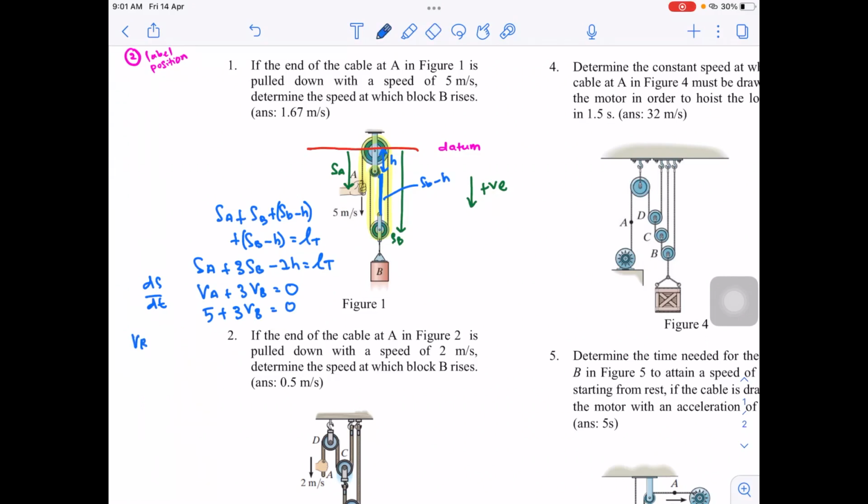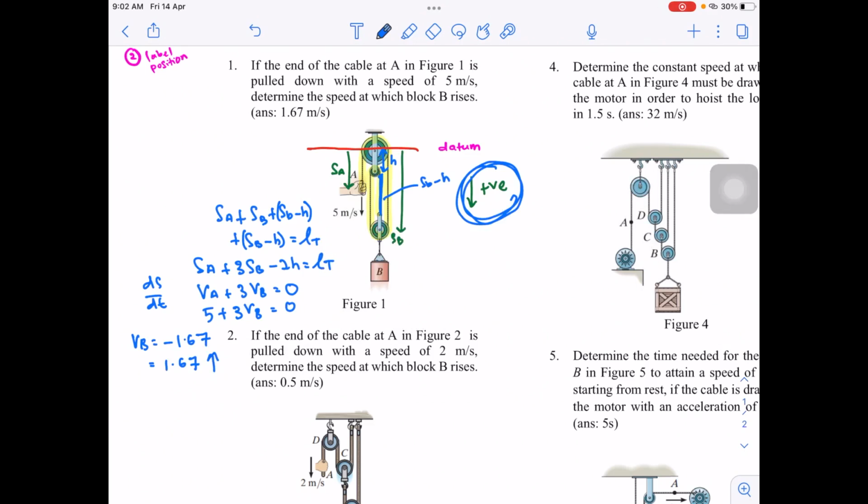So VB is equals to negative 1.67 or 1.67 point up. Okay, boleh. Sebab kita dah assume tadi ke bawah adalah positif. So bila you dapat negatif, maknanya di atas lah. Okay, you dapat negatif, so that means it's moving up lah. So dari segi logiknya betul lah. Bila kita tarik A, B ni akan naik. Okay, kita tarik A5, B ni akan naik sebanyak 1.67. Semakin slow lah. Okay, slowing down.